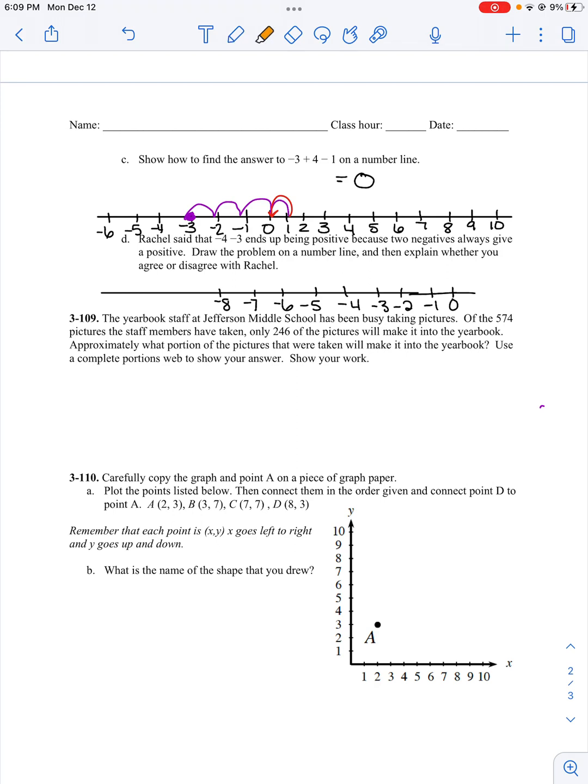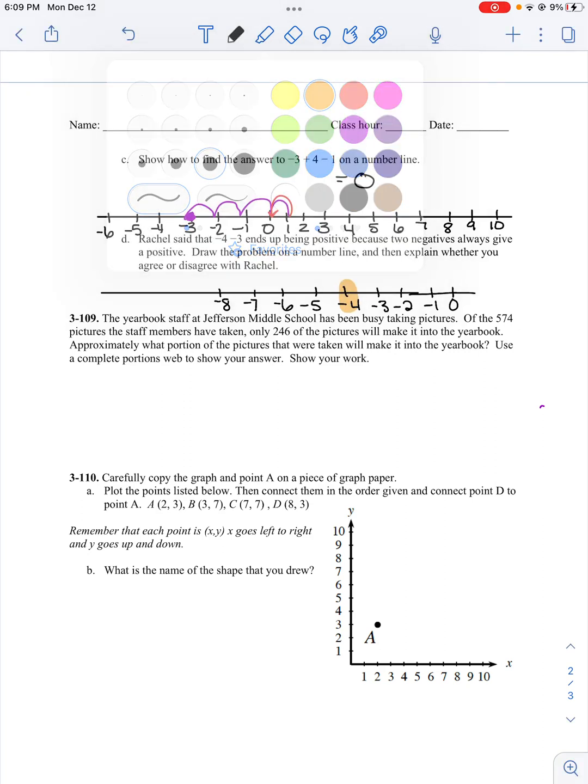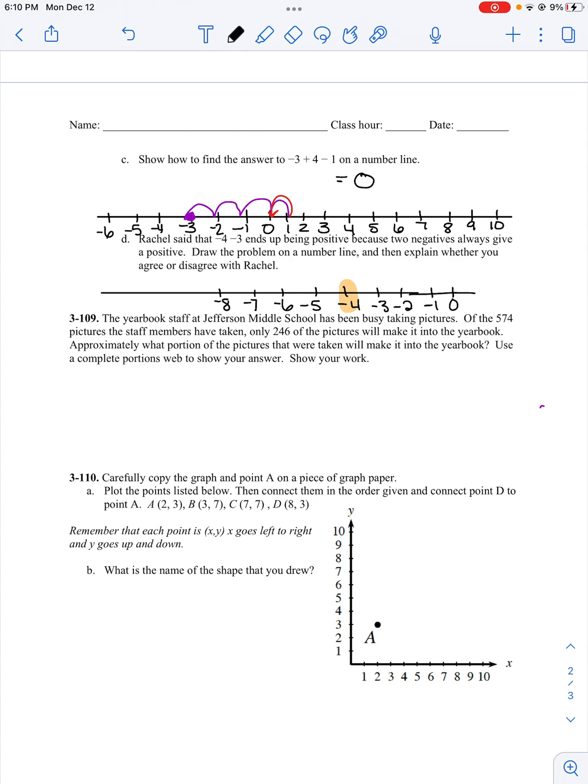So I'm going to start at -4, just right here. I'm going to subtract 3. Now, if we remember, subtraction makes me go to the left. So therefore, if I subtract 3, I end at -7.